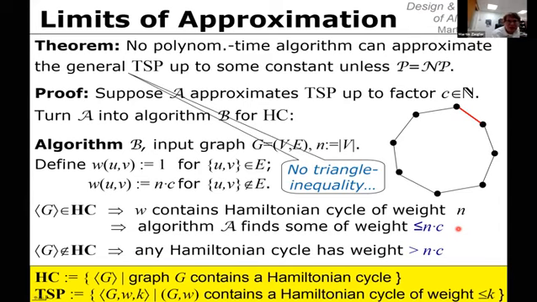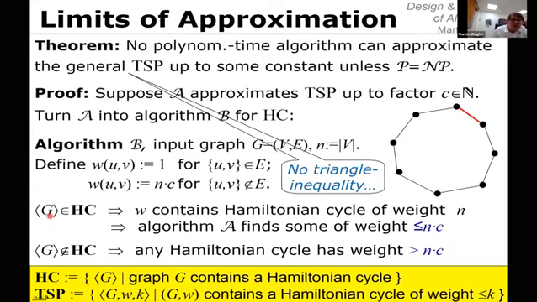In the second case, the tour will have a total cost strictly larger than n times c, so that from the total cost of the approximate tour, one can deduce which of the two cases the original graph was in. And this is precisely the Hamiltonian cycle decision problem.